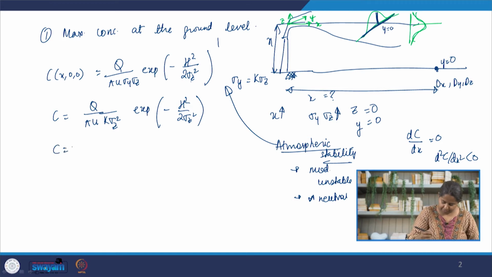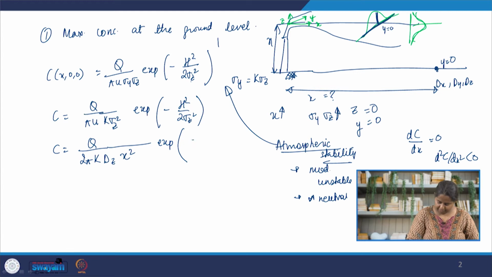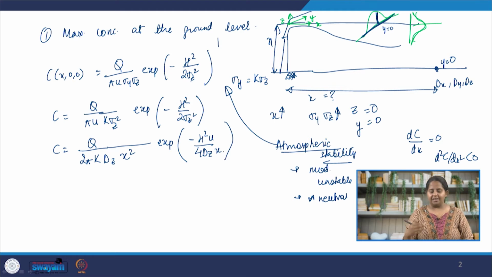C is equal to Q by 2 pi K Dz, where Dz is your diffusion coefficient in the z direction, the vertical direction, which will not be the case when u is very small. I also need to remember to put u here. Oh, the u will get cancelled. x squared. Okay, now we have x in the equation.